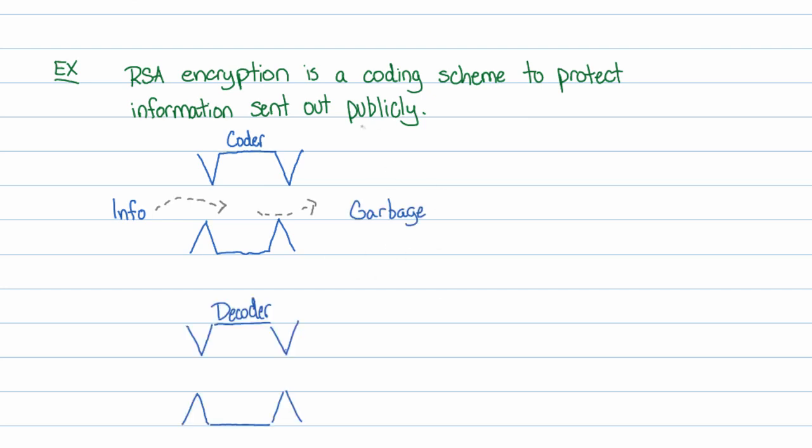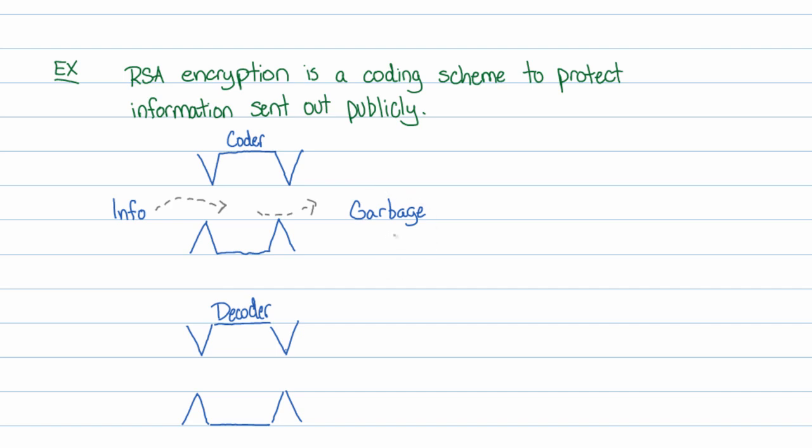Now, as that garbage is sent out and everybody can see that garbage, it's available for anybody, actually. Anybody can grab that. The only person that can decode it, though, is the person on the other end who's going to also get it. But millions of people can get this garbage if they want. This is actually how the RSA encryption works. So when you send out your credit card information, it can be gotten, but it looks like garbage to everybody.